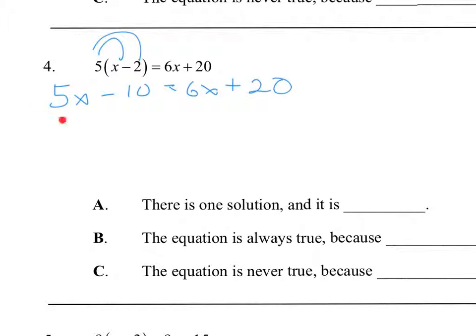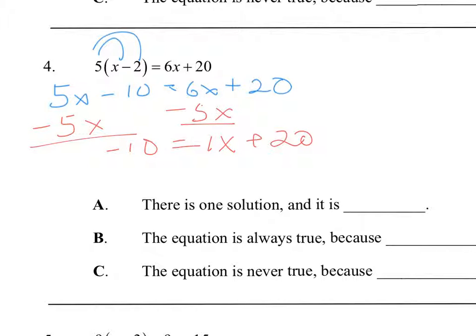Now, I like the way that this 5 is over here. It's kind of smaller than the 6, so maybe over here is where I'm going to put my variables. So I'm going to subtract the 5x, and that gives me negative 10 equals 1x plus 20.